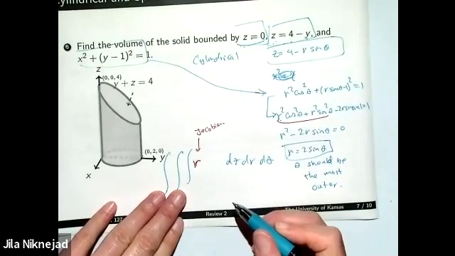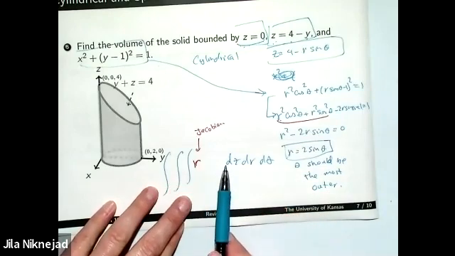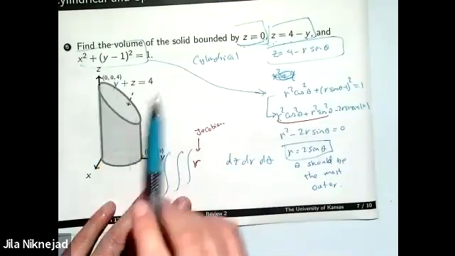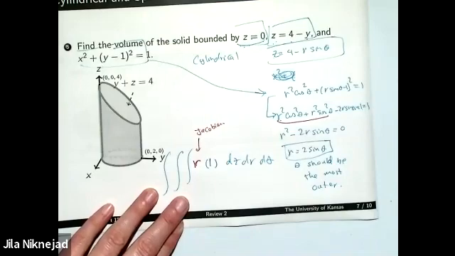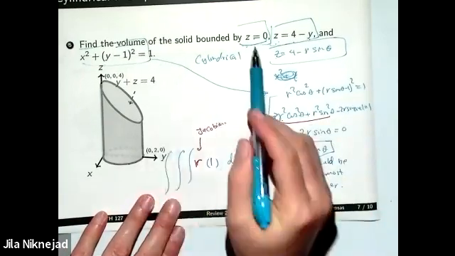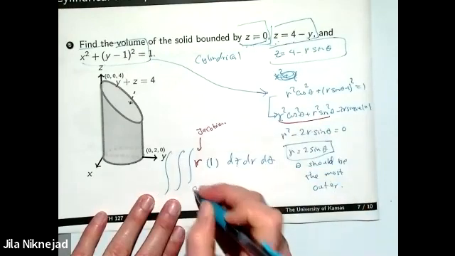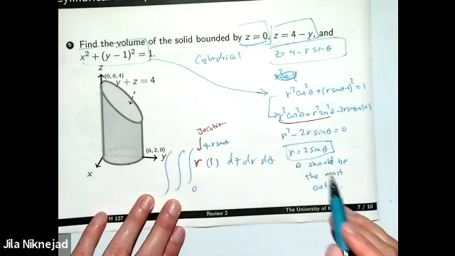And so it's r, and then, wait, it just says volume. So the integrand is 1, right? z goes from 0 to 4 minus r sine theta.